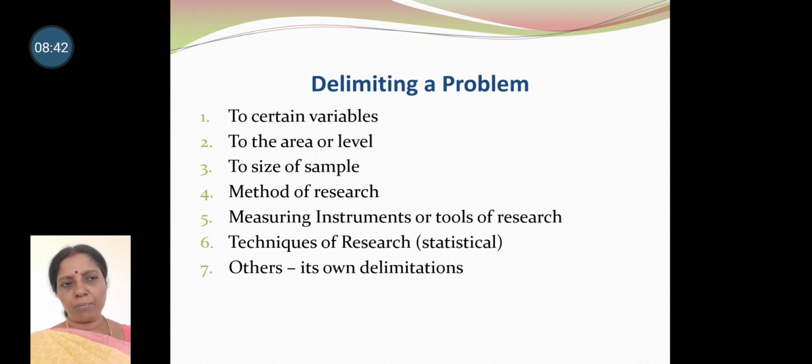And apart from that, other delimitations depend upon your own research. So according to that, you have to delimit your problem, you have to define your problem well, you decide the area, and then you delimit the problem, you select your particular aspect of the problem. That will be useful for your research.